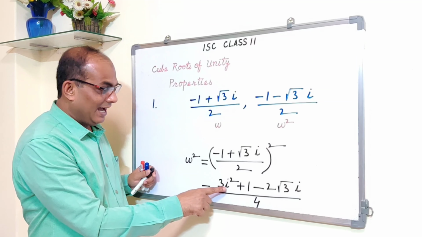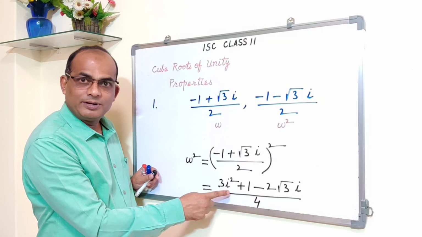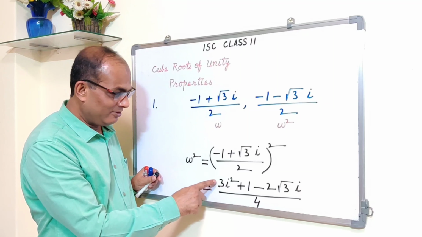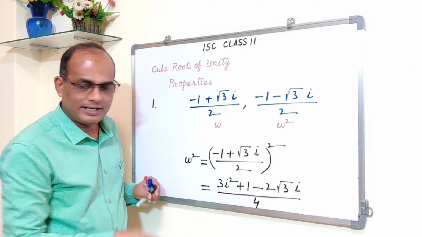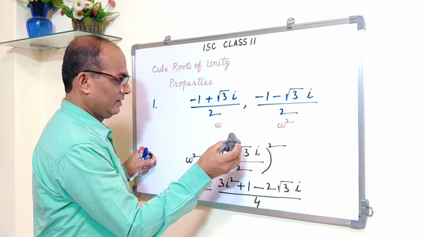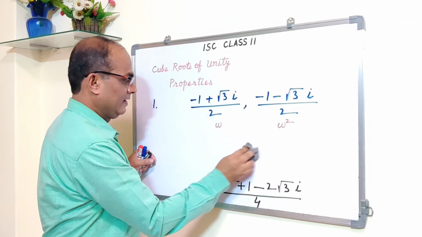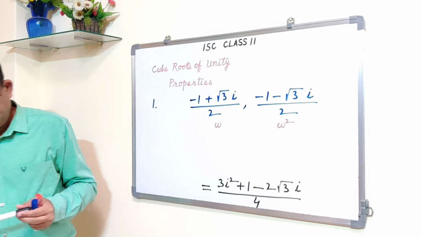Now i square is minus 1, so 3 into minus 1 is minus 3, so minus 3 plus 1. Let me write it down for you.